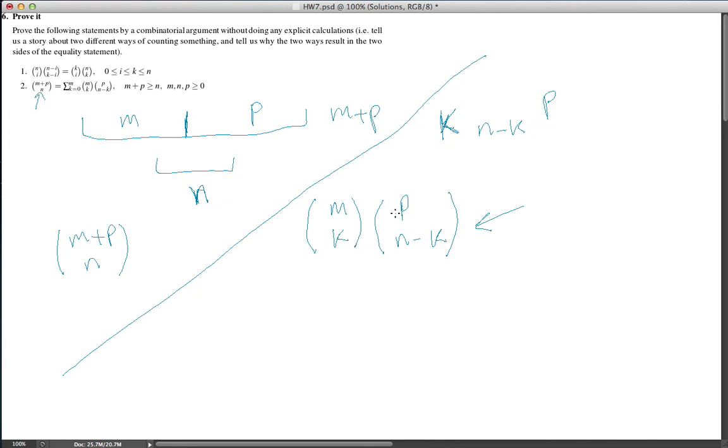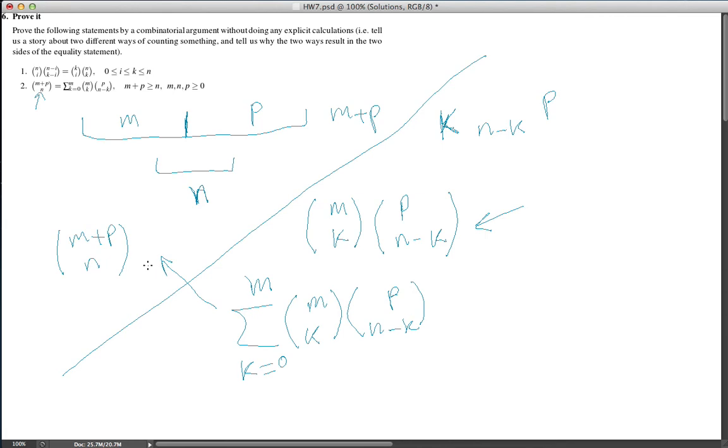Now if we sum over all possible values of k, k is going to be between 0 and m, since obviously we can't have more than m male members because the male population is m. If we sum this over all possible values of k, we're going to get exactly the total number of committees, which is exactly this value.